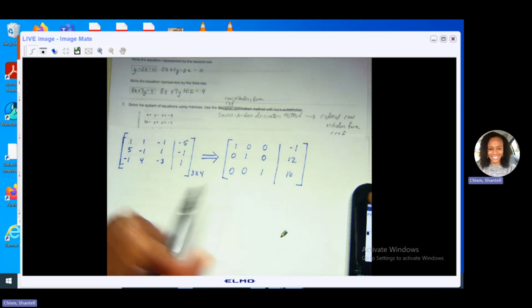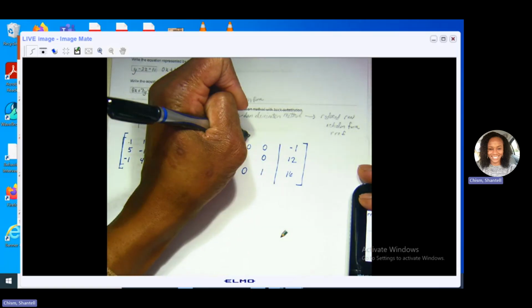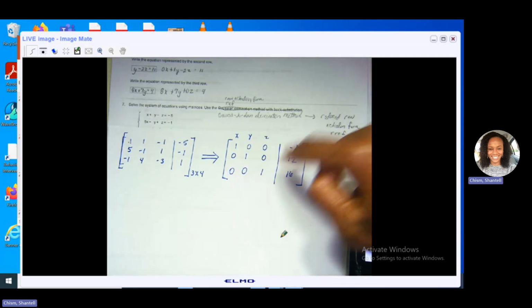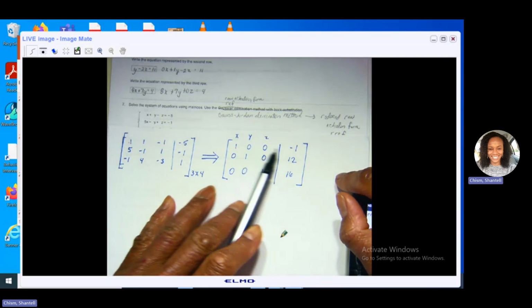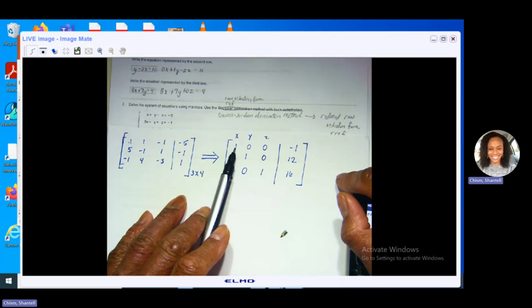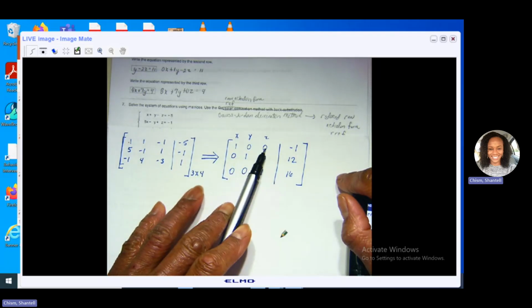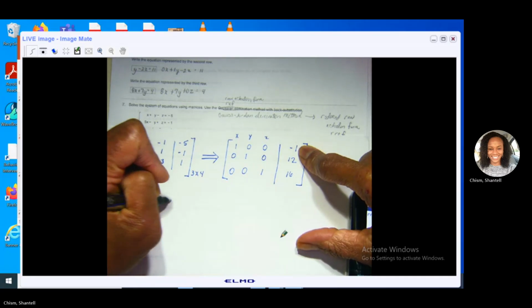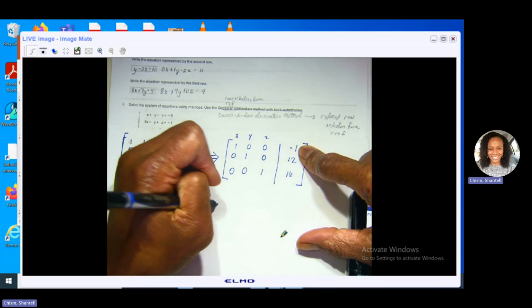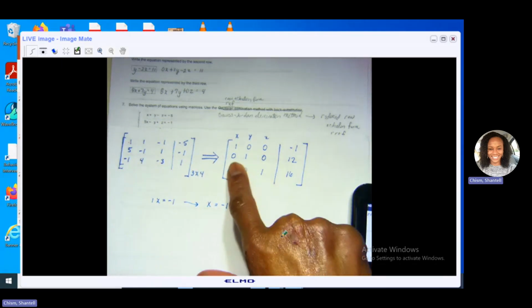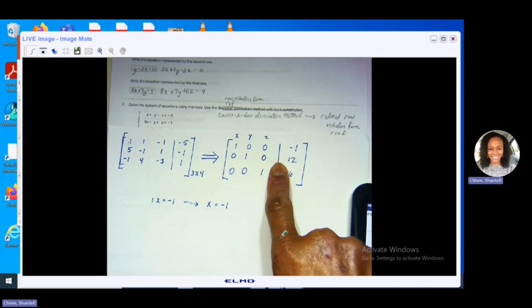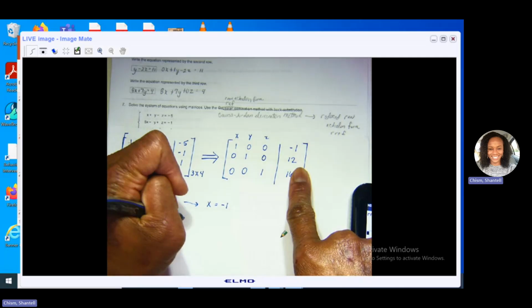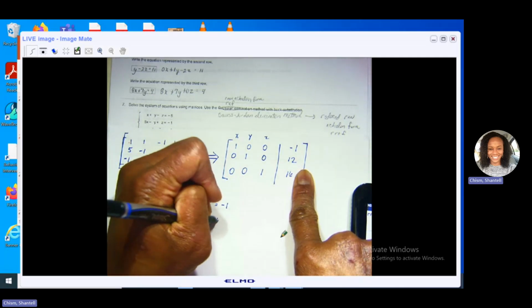So I've got the coefficient for x, the coefficient for y, the coefficient for z, a column for each one. Notice in that first row, I only have a 1 for x, 0y, 0z. So 1x equals -1, which just means x equals -1. The second equation, I have 0x and 0z, so 1y equals 12, or simply y equals 12.